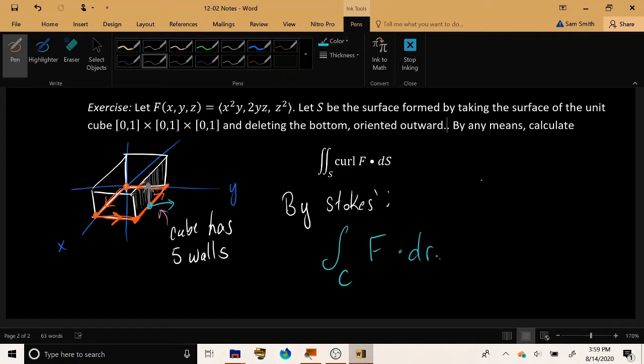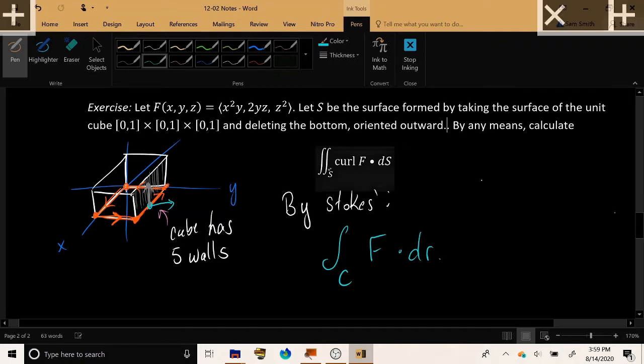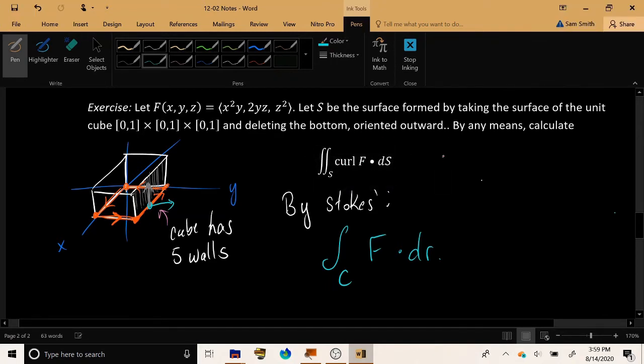One, the line integral is not going to require us to have actually calculated the curl of F, which can take some time. But not only that, if I were going to calculate the original surface integral, notice that I would need to do this 5 times.